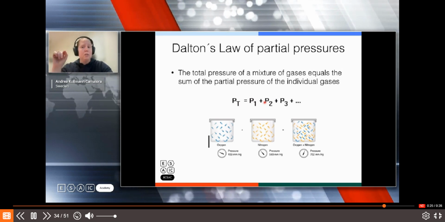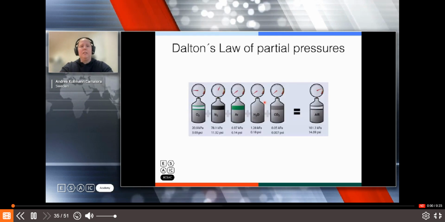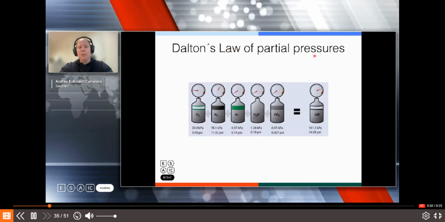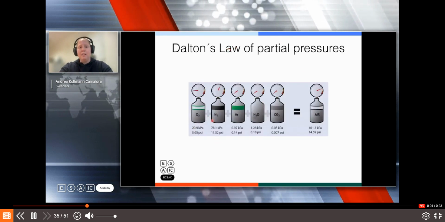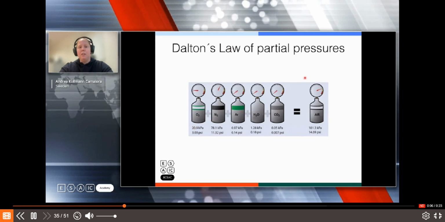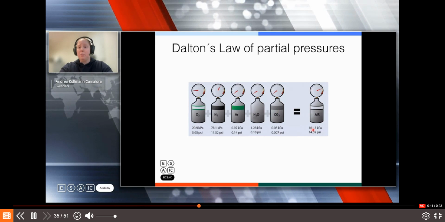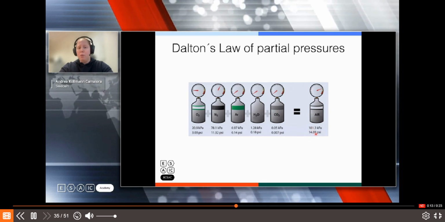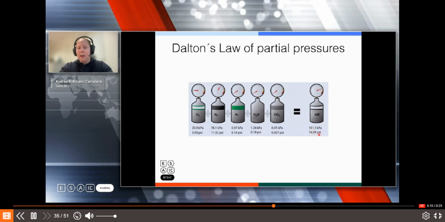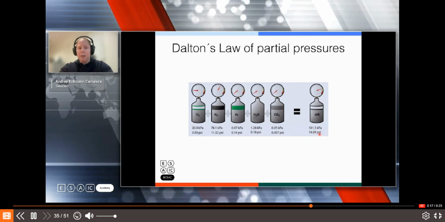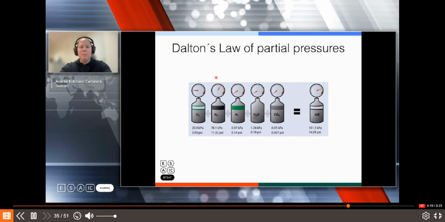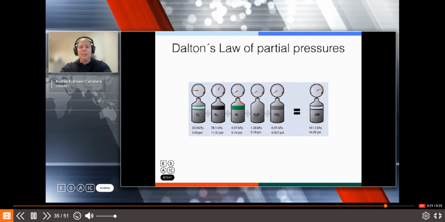The pressures are not multiplied, they're just added. So air, 101 kilopascals, as we saw at the beginning of the lecture, or 14.69 psi, pressure equivalence, and this is the sum of the partial pressures in the mixture.